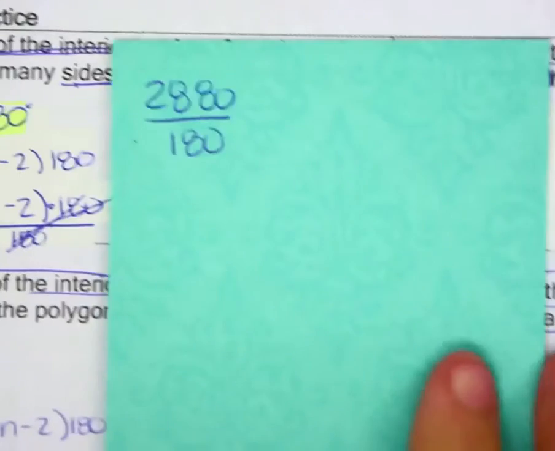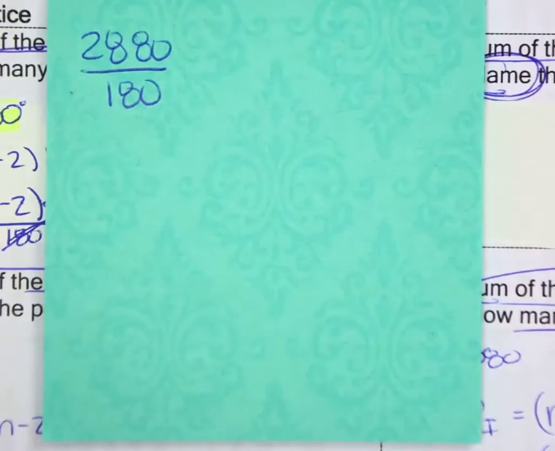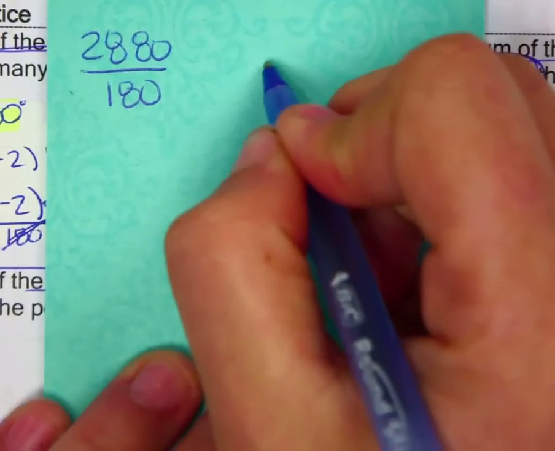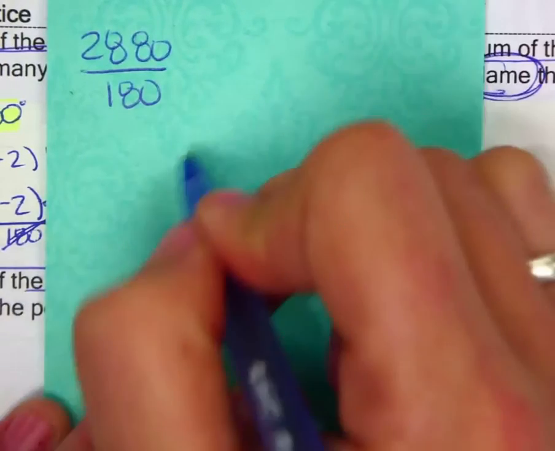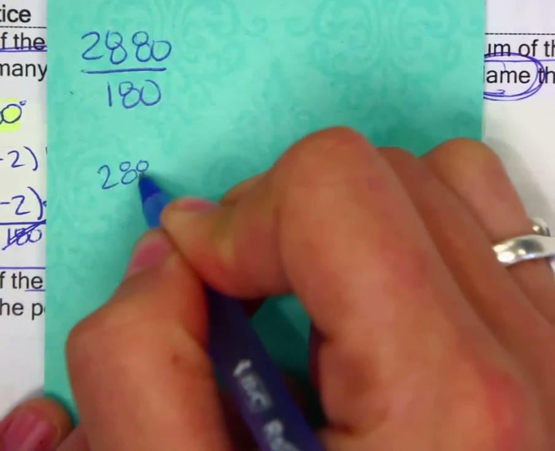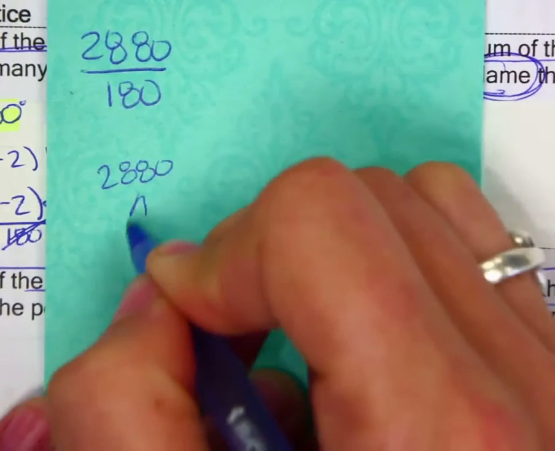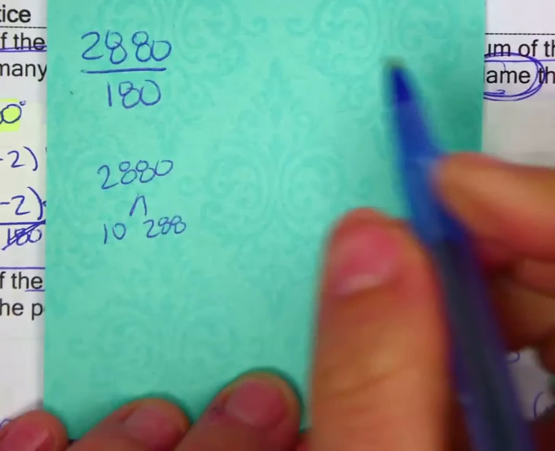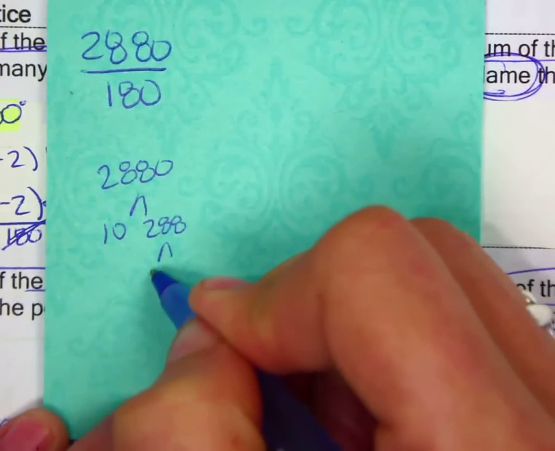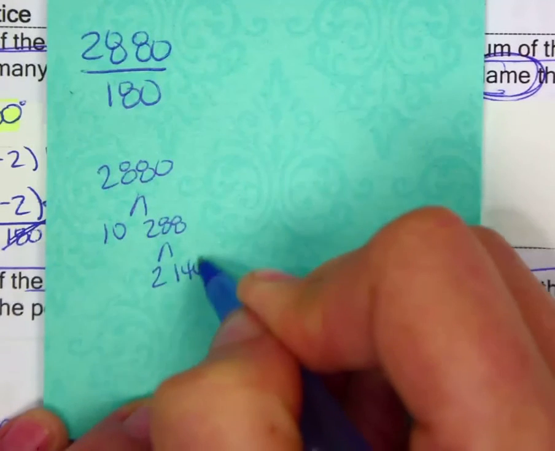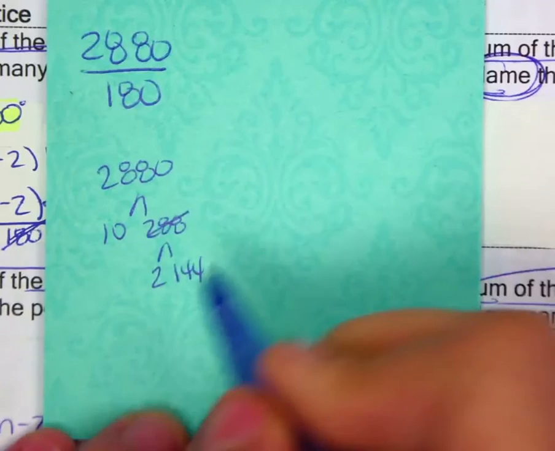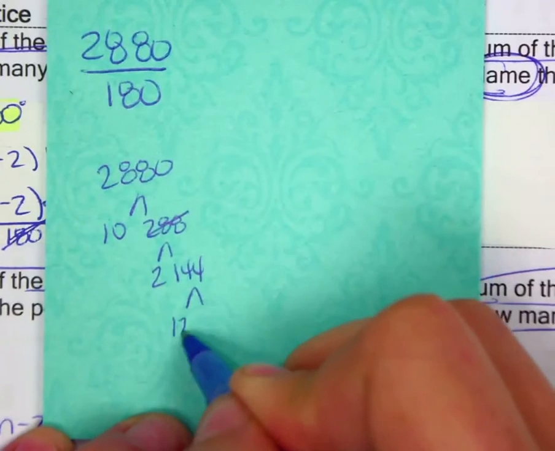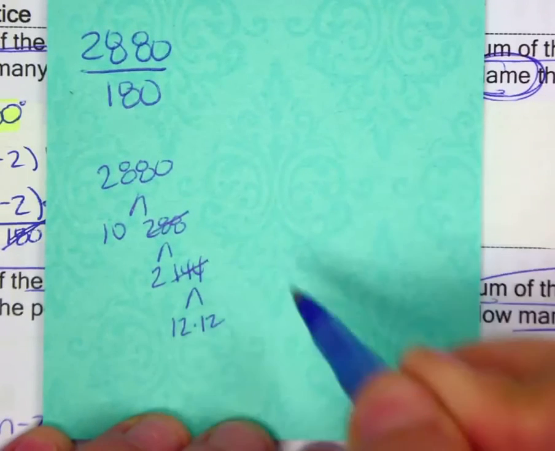Because it's a big number, right? So what I'm going to do is break 2,880 up into its factors. So this is 10 times 288. 288 is 2 times 144. 144 is 12 times 12.